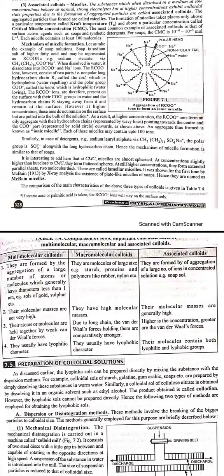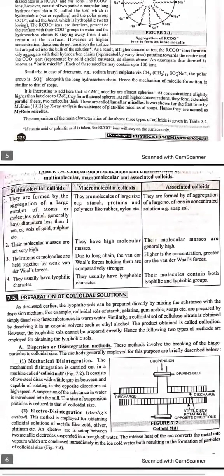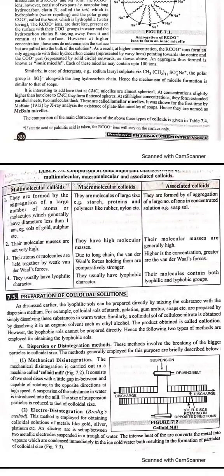If stearic acid or palmitic acid is taken, the RCOO- ion will stay on the surface only. Now, in table 7.4, comparison is given between multimolecular colloids, macromolecular colloids, and associated colloids.